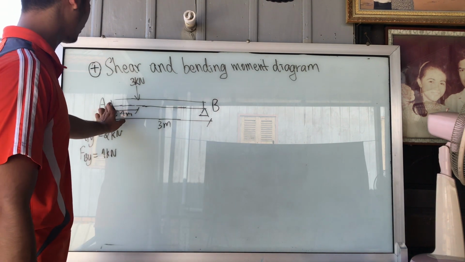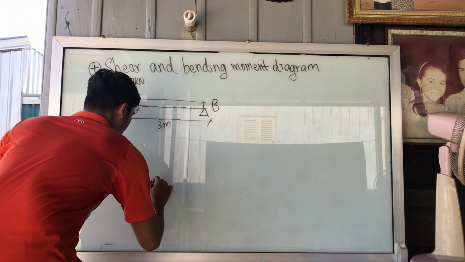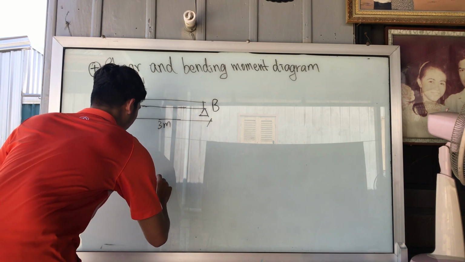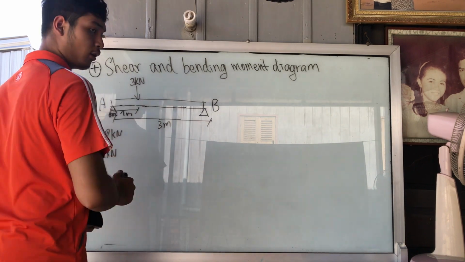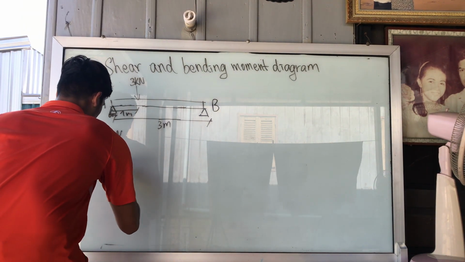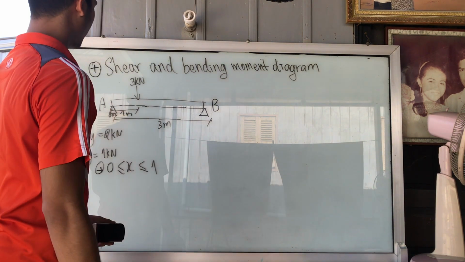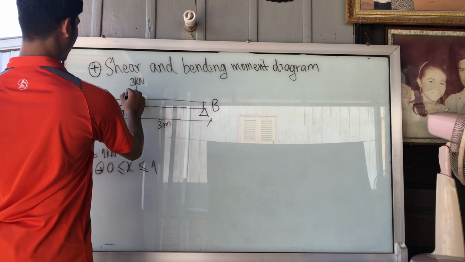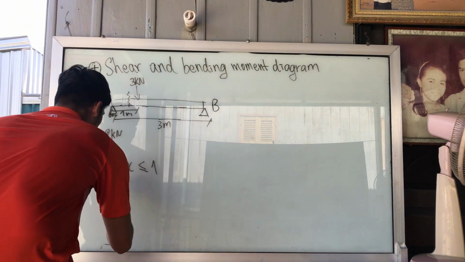So let me draw the free body diagram. For the first X position, if we cut it, the free body diagram is cut like this.